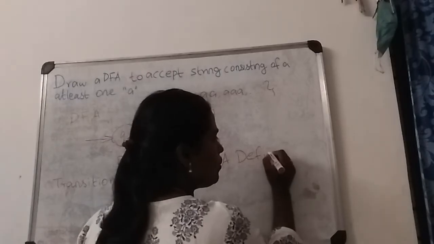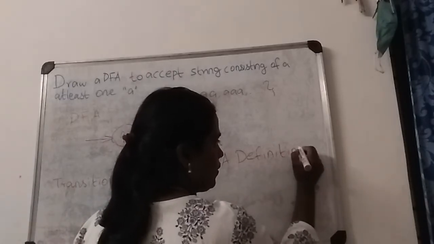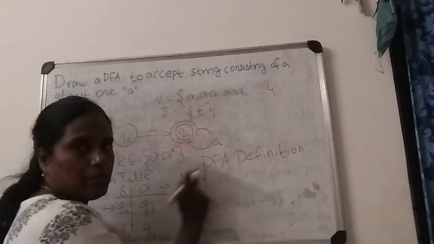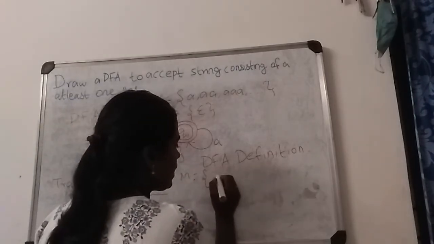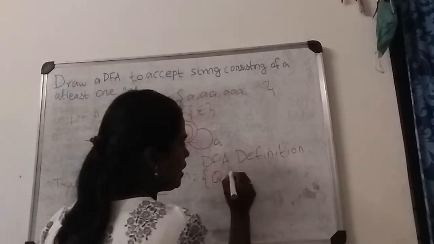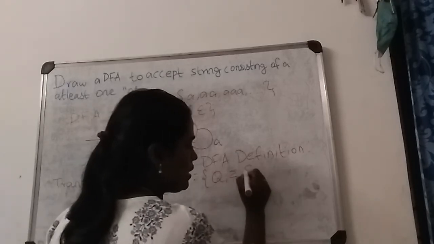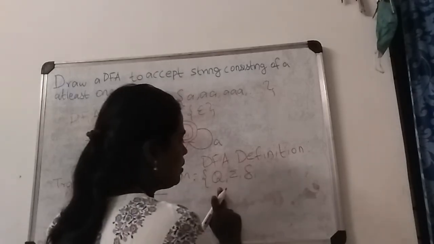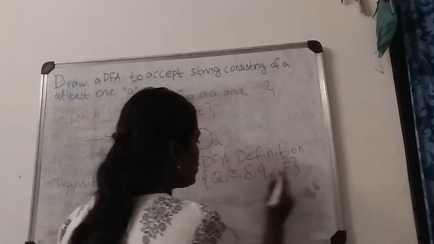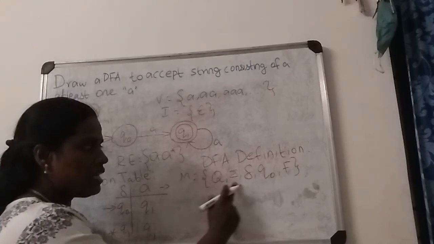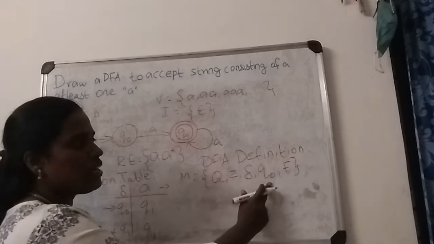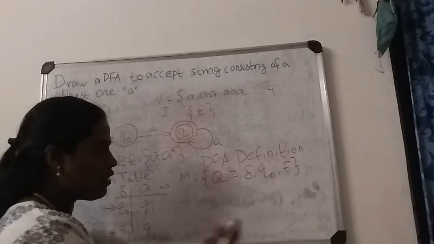The DFA definition of the given problem is M equals, where M means the DFA machine, (Q, sigma, delta, Q0, F). Here Q is the set of states, sigma is the input symbol set, delta is the transition, Q0 is the starting state, and F is the final state.